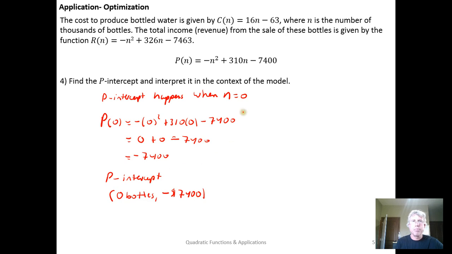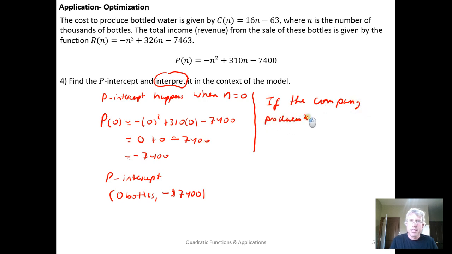And my interpretation of that, see, it says interpret, which means write a complete sentence using good grammar preferably. My interpretation is that if the company produces and sells no bottles, they will lose $7,400.